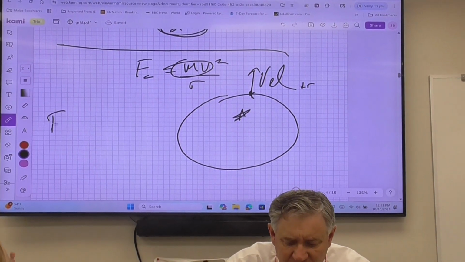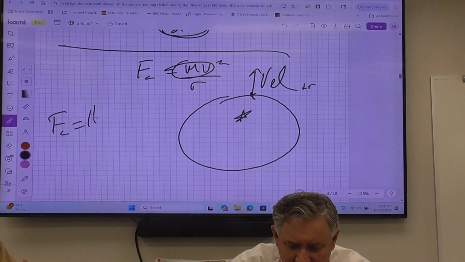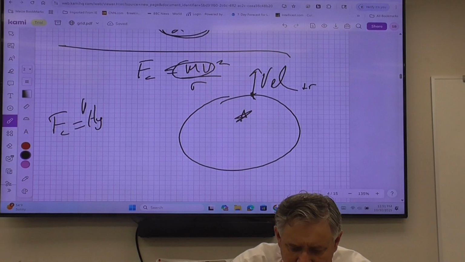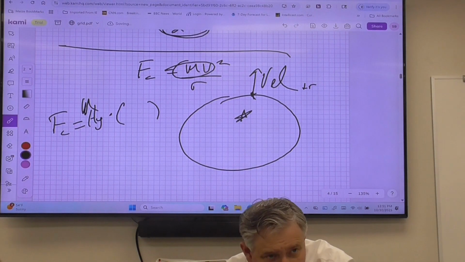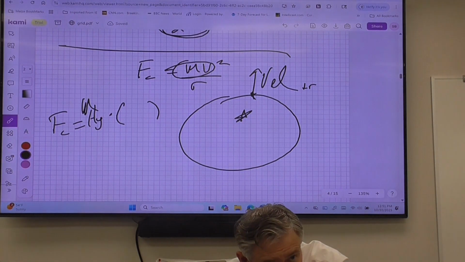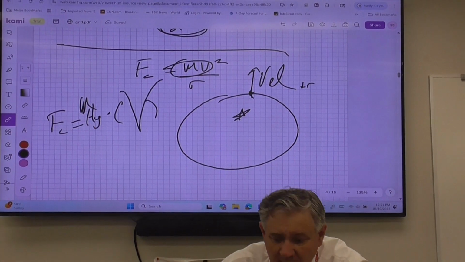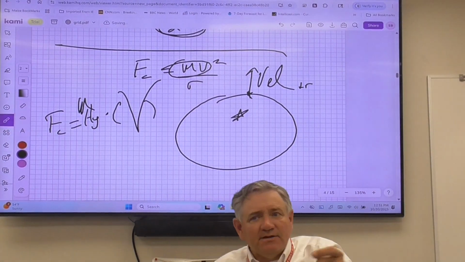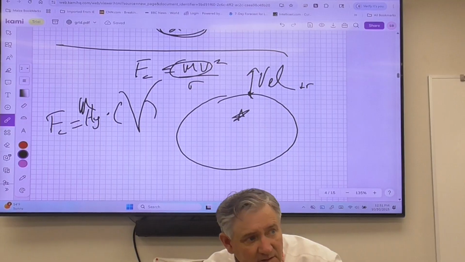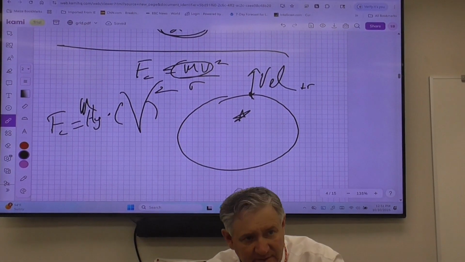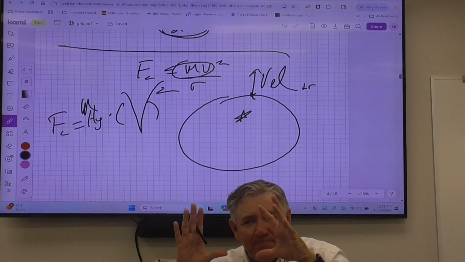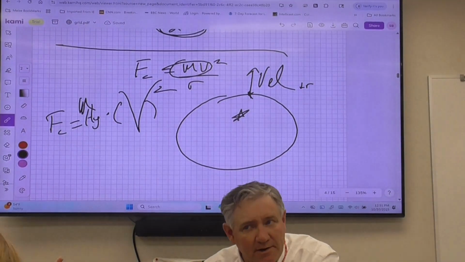So if you look at centripetal force equaling the mass of Mercury times the velocity. But what do you know about the velocity? Big number, small number? Bigger. It's a big number. Not only is it a big number, it's also squared. So the mass of Mercury multiplied by a big velocity that is squared.